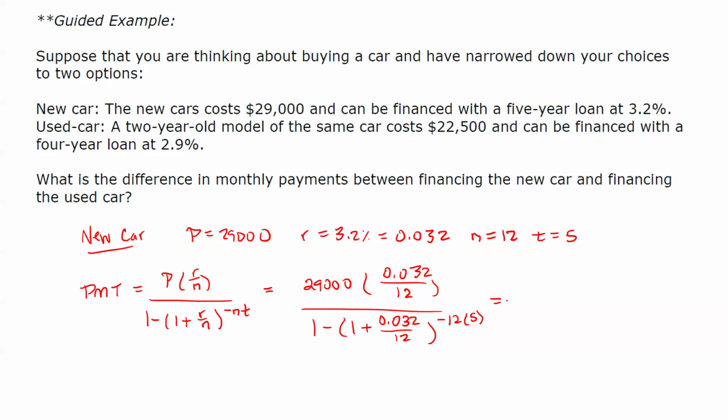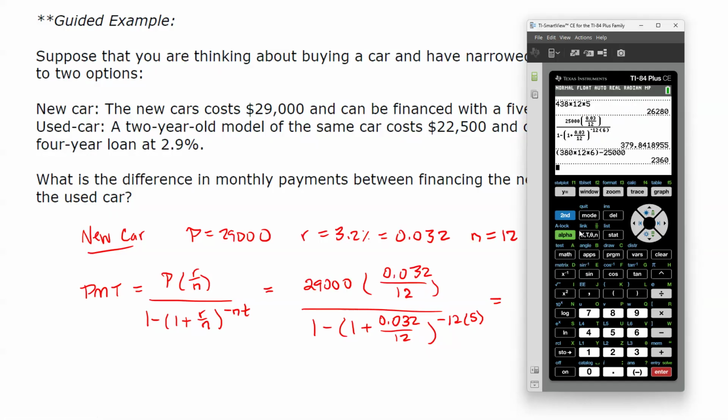So let's grab our calculator and enter this information. 29,000 times 0.032 divided by 12.